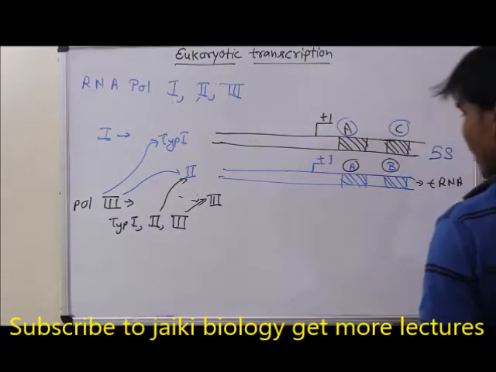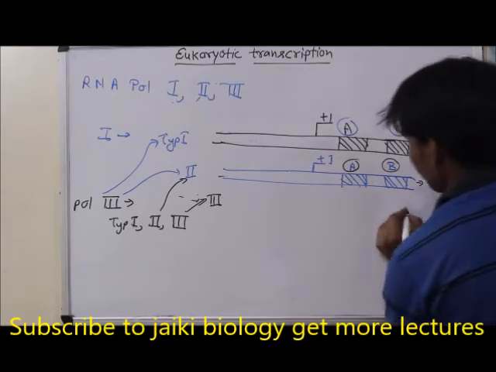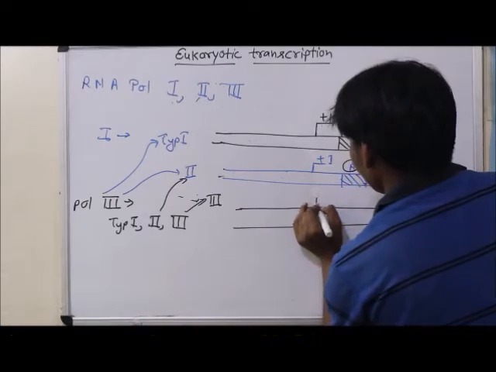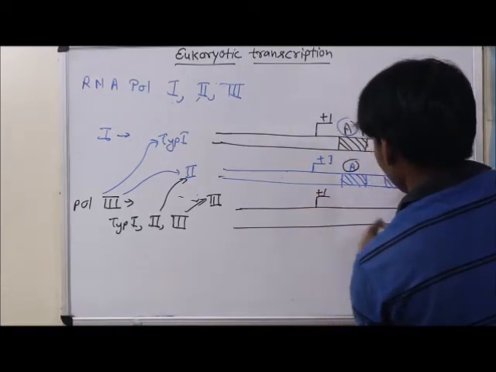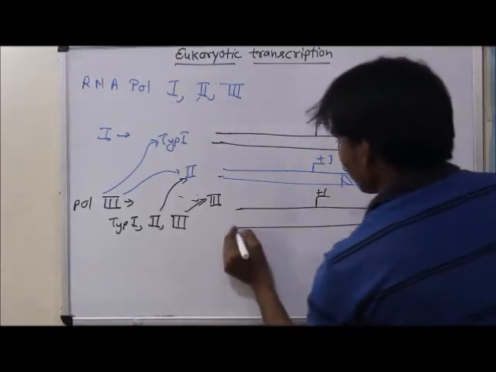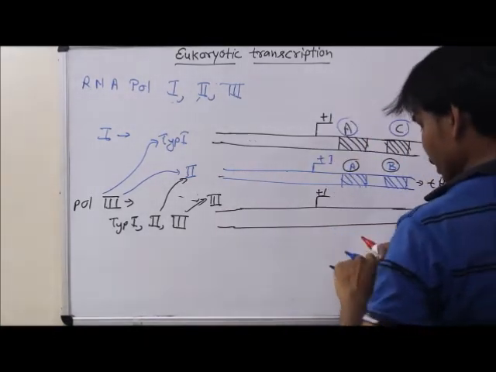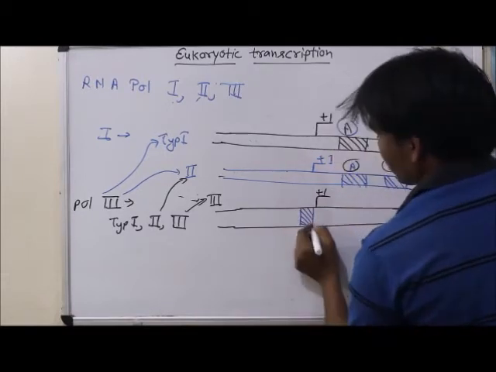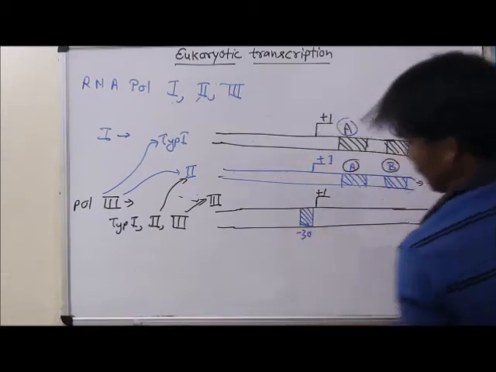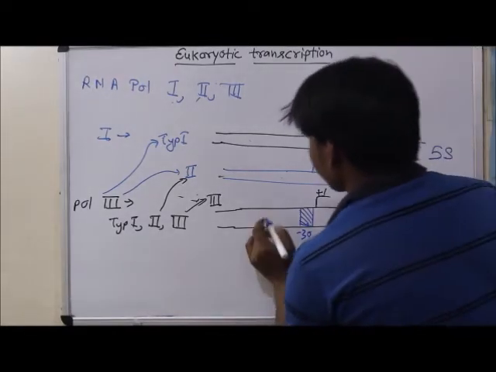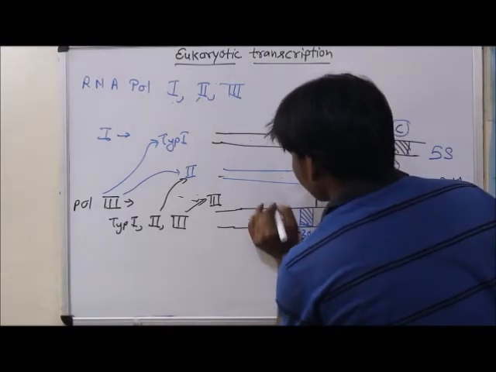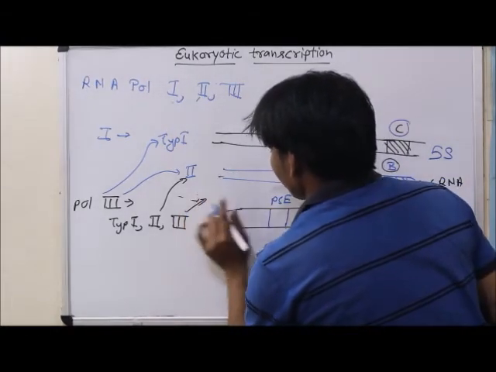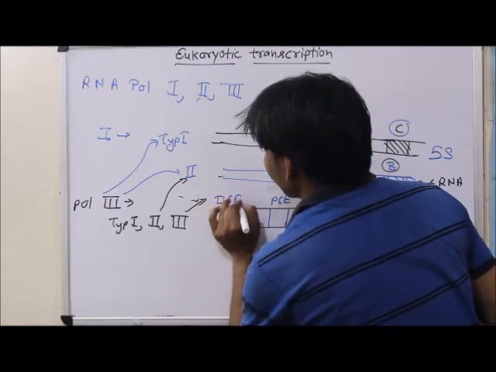Then there is +1, and here the TATA box is found at -30. Another is the proximal sequence element, and here is the distal sequence element.